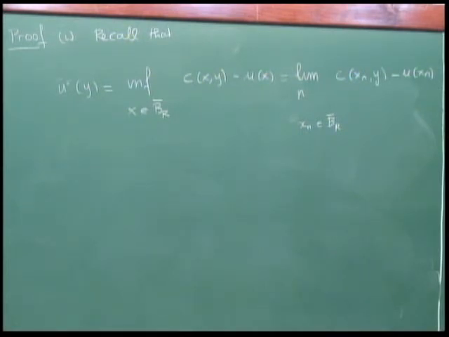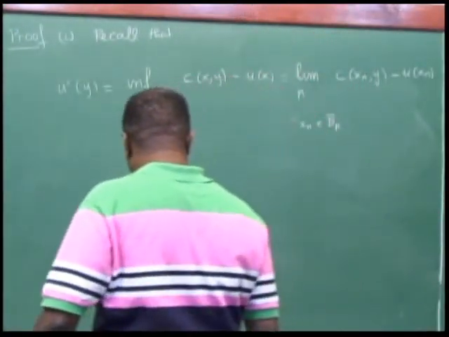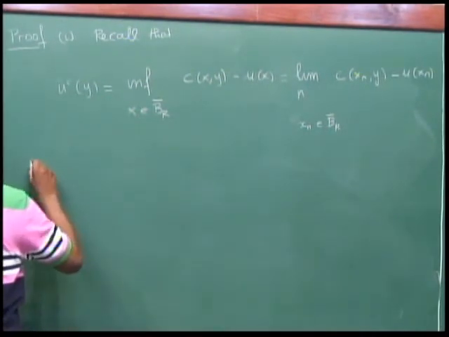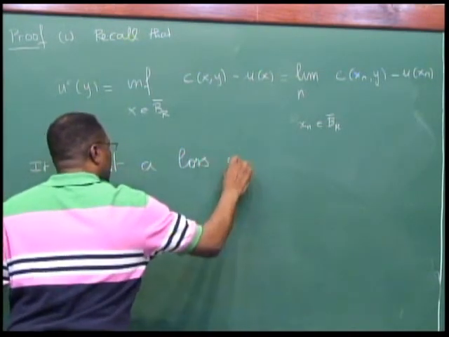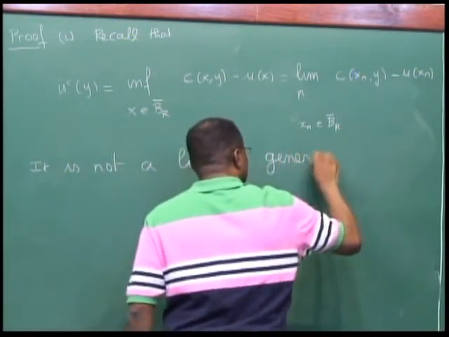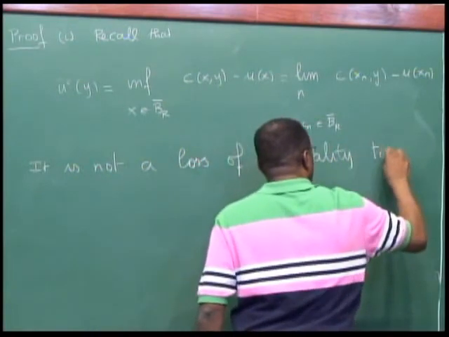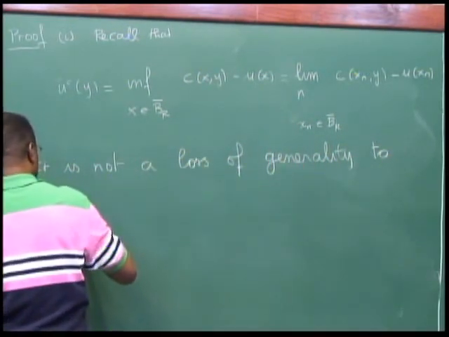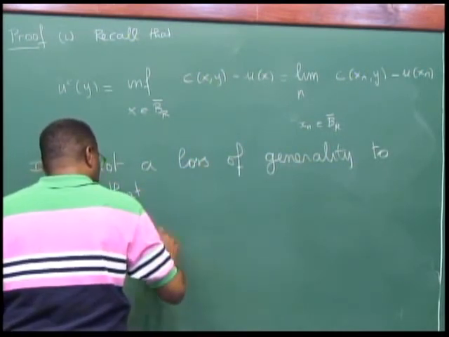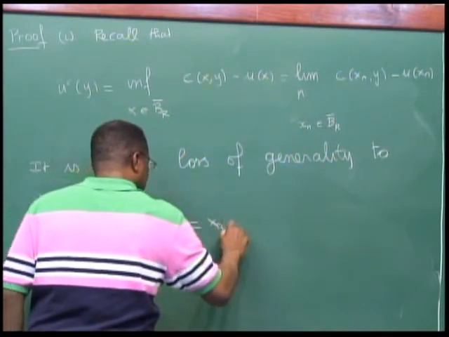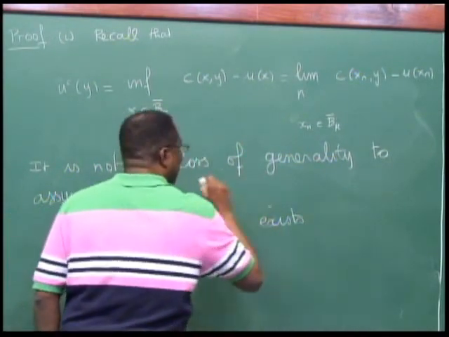Okay. So if my original sequence was not convergent, I am going to replace it by the subsequence which is convergent. So it is not a loss of generality to assume that the limit when n goes to plus infinity of x_n exists.